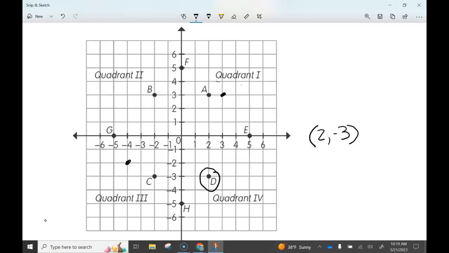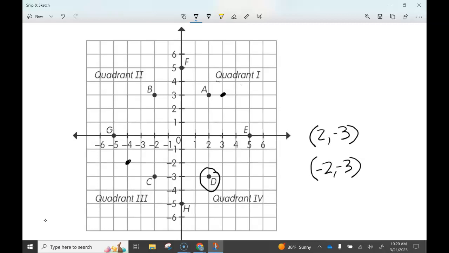Now let's say we're taking a look at letter C. Again, we have parentheses there. We figure out what number it aligns with on my x-axis. That'll be my first number. You can see it's -2. And then on the y-axis, it aligns with -3.